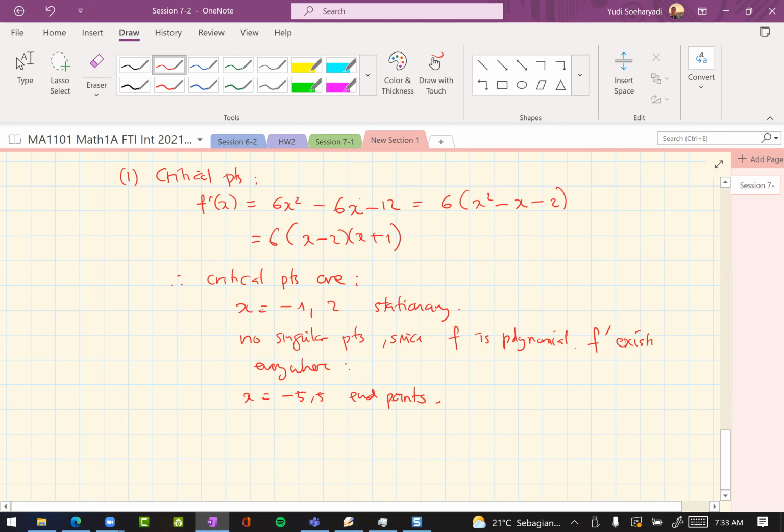So those are the critical points. All right, so what do we need further? Further, we need a sign chart for monotonicity.